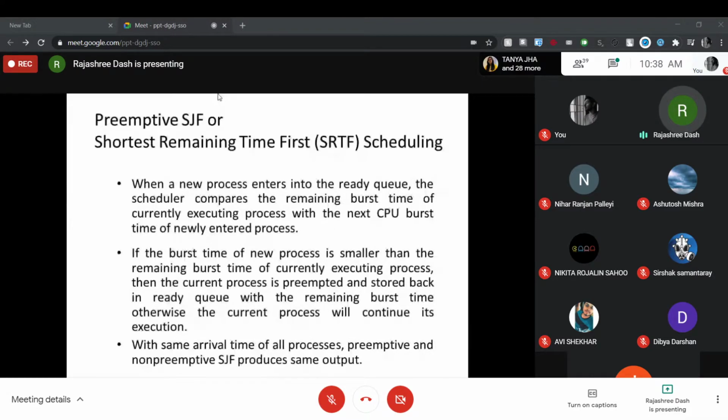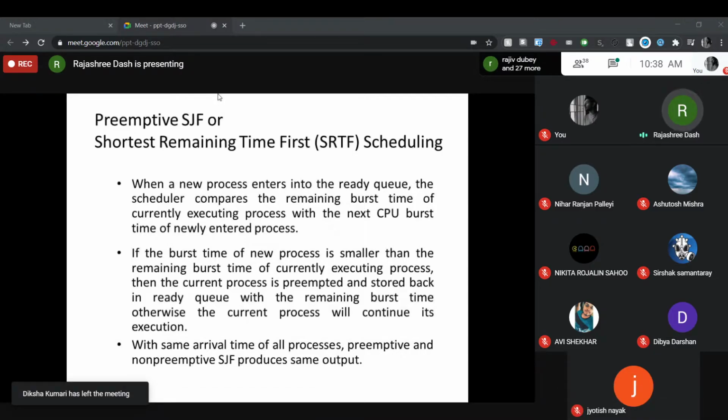If the burst time of the new process is smaller than the remaining burst time of the currently executing process, then the current process is preempted. Preempted means it will stop its execution in the middle and return back to the ready queue.